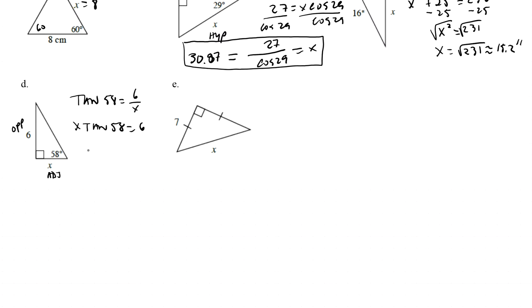Divide by tangent 58 on both sides, so we get x equals 6 divided by tangent 58. So x equals 6 divided by tangent 58, which is 3.75.